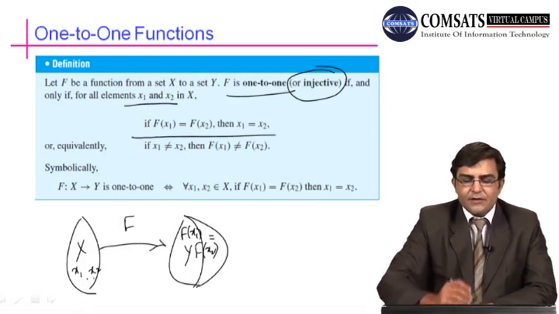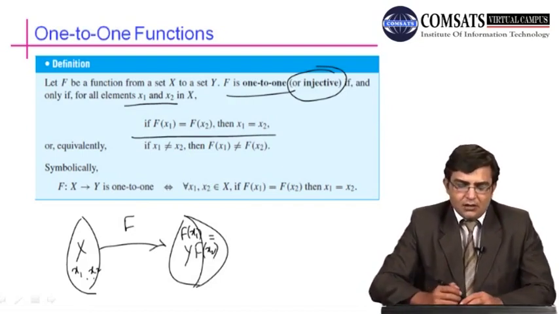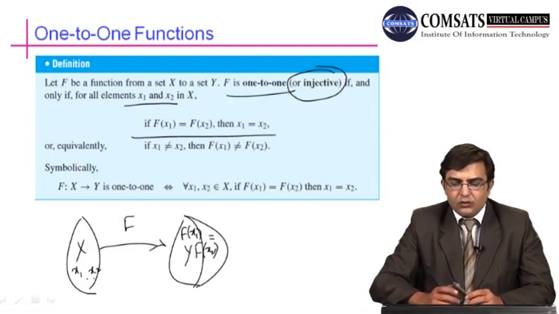You can say if the images of x1 and x2 are equal, then x1 and x2 are equal. What does it mean and how can we interpret this definition?